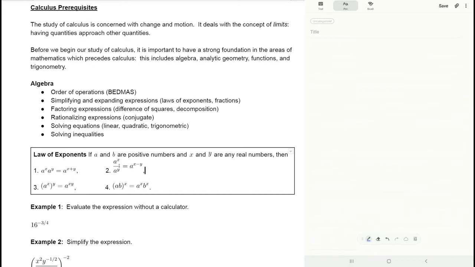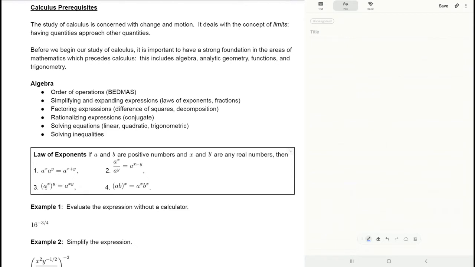If I am dividing, so I have a to the power of x divided by a to the power of y, with the same base, then I will subtract the exponents, so this will simplify to a to the power of x minus y.